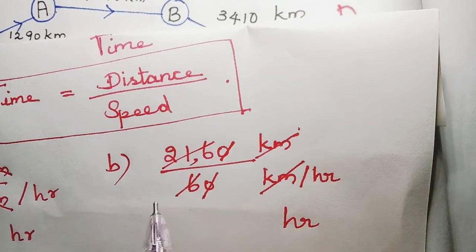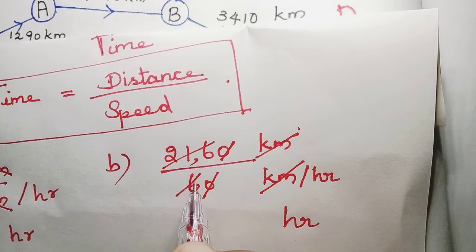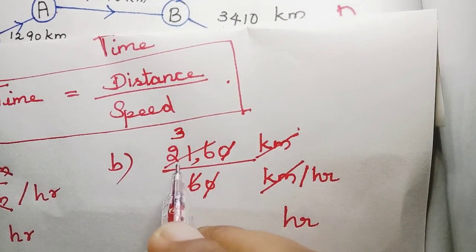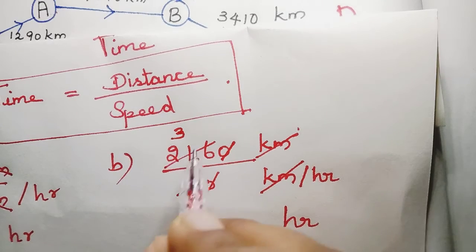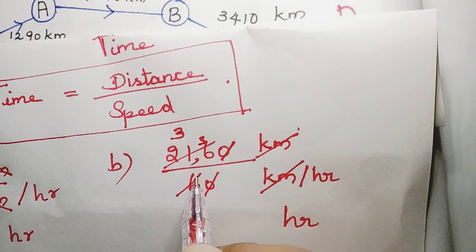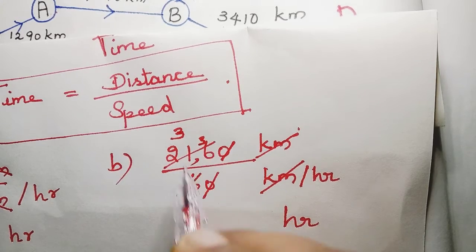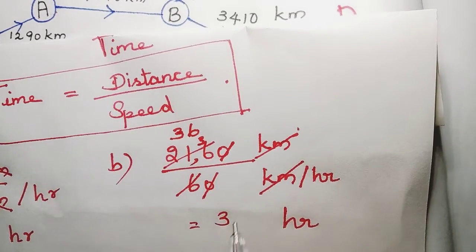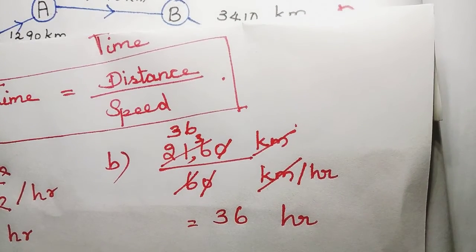Cancel the zeros, then cancel 216 with this 6. Take the first two digits, 21. 3 sixes are 18, so the difference between 21 and 18 is 3. So 36 will be there. When you cancel out 36 and 6, it's another 6. So the answer is 36 hours.